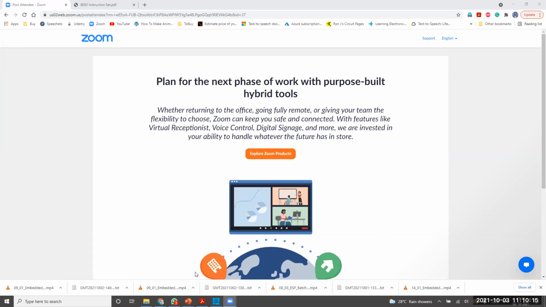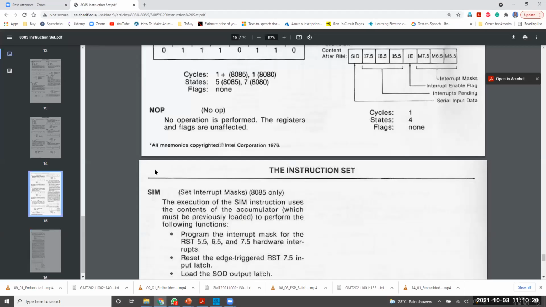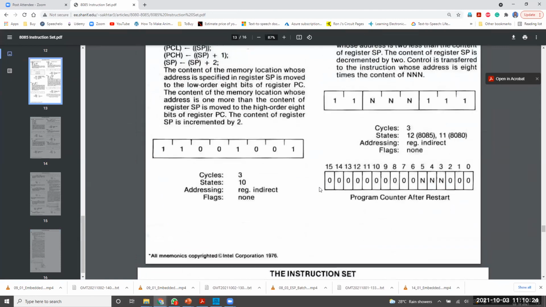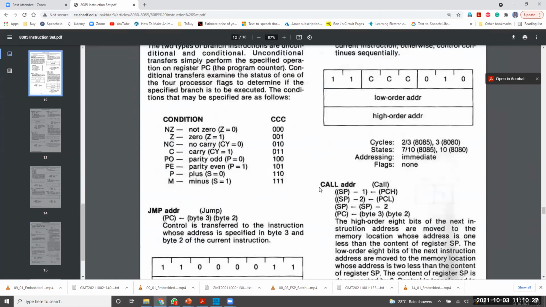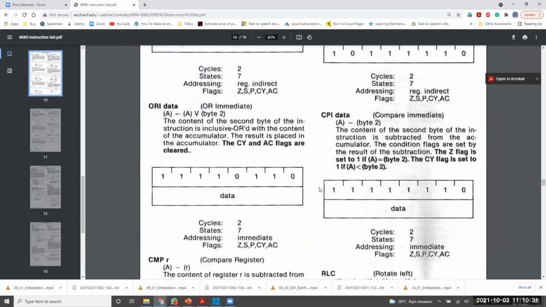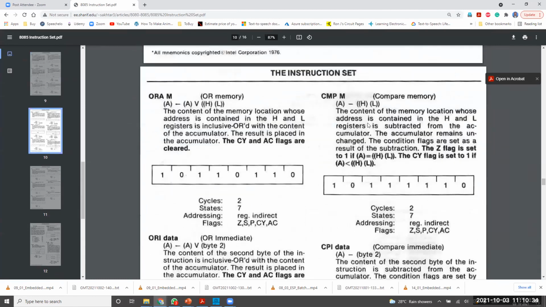Immediately we see that. Let me take the data sheet, let me refer to the document immediately. Okay, so you want to compare, what the compare instruction, they mentioned it here.